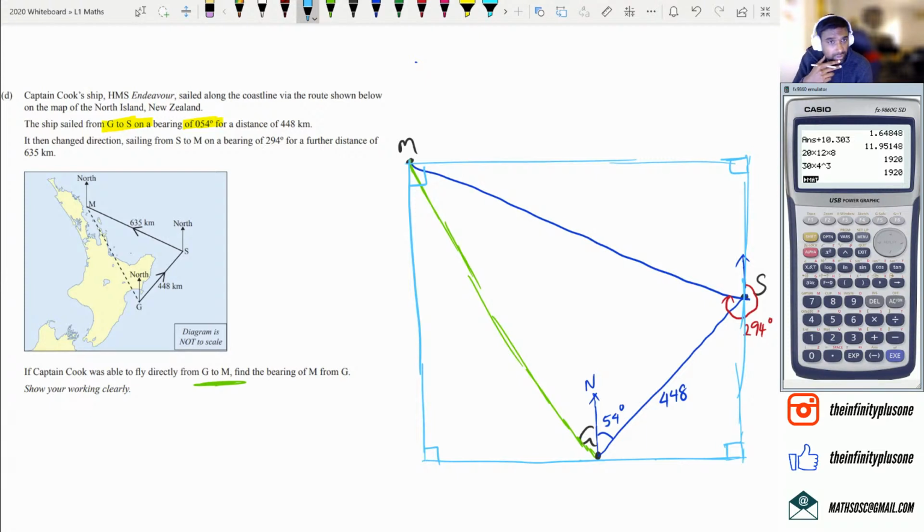Oh, sorry, we're actually looking for not the distance, we're actually looking for the bearing. Okay, so we're looking for the bearing of M from G. Let me just double check that.